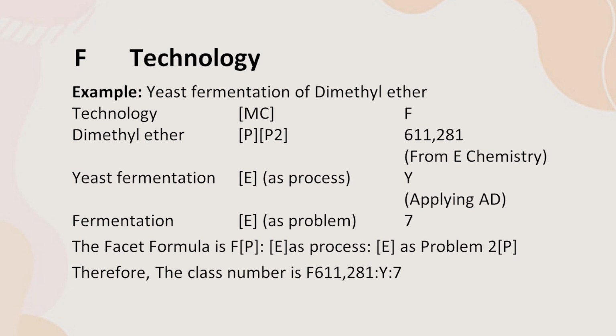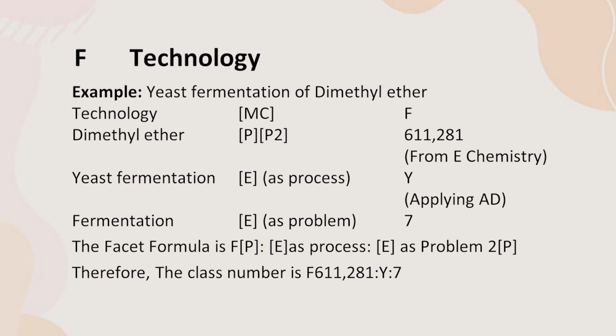Yeast fermentation is to be denoted as energy facet, and both the process and the problem facet will come under the energy facet and separated by colon again. So for yeast we are applying alphabetical device in the energy facet as process, and then for fermentation we get it as the problem facet from the energy category.